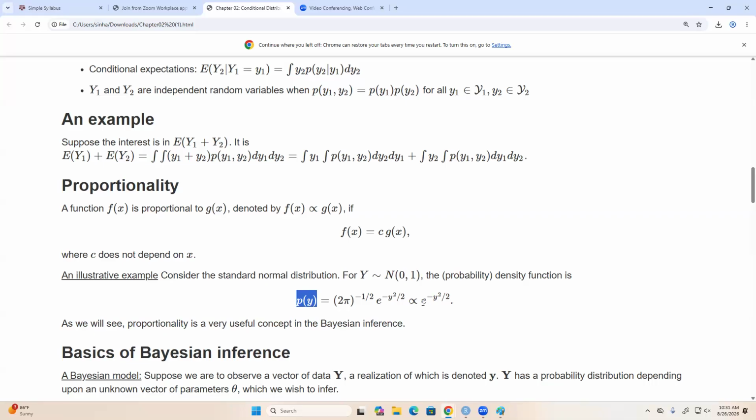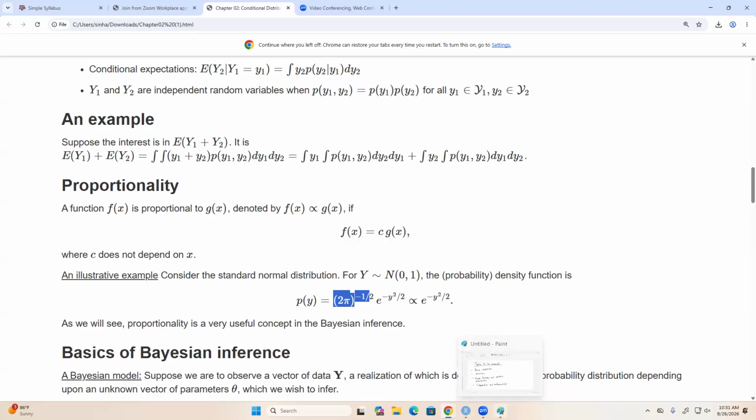But I can simply write this as proportional to e to the power minus y squared over 2, ignoring the proportionality constant. That is why I wrote this proportional symbol. And as long as I know that the density is proportional to this, it is very easy for me to figure out the constant of proportionality.